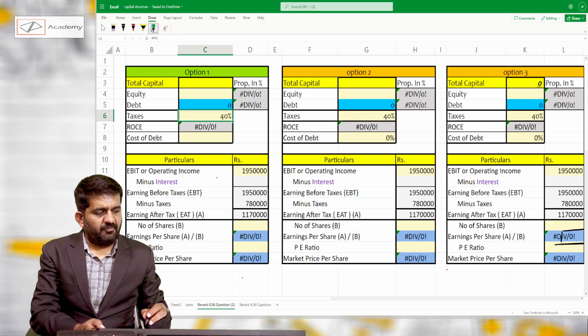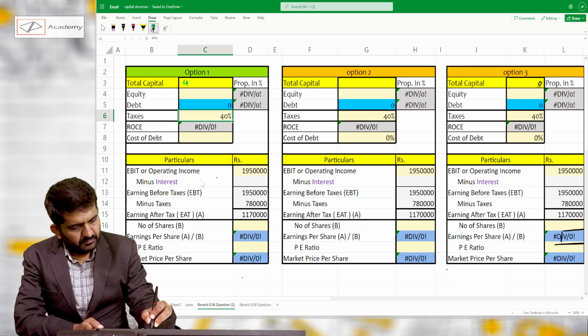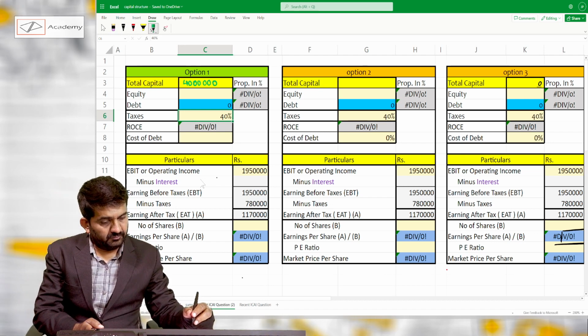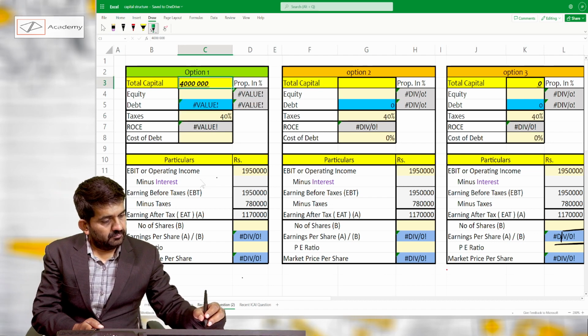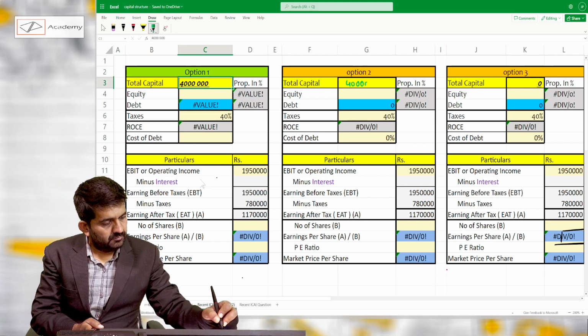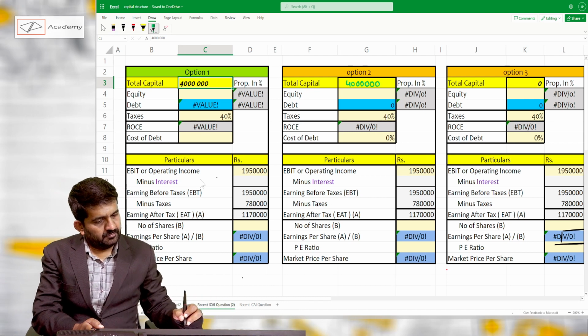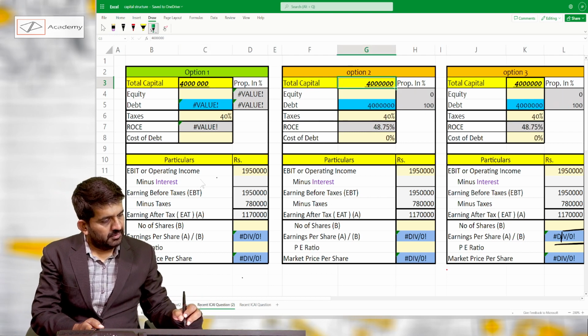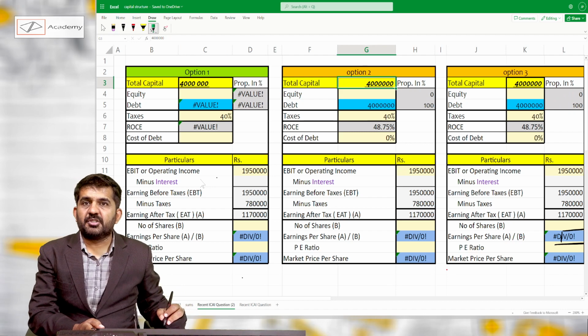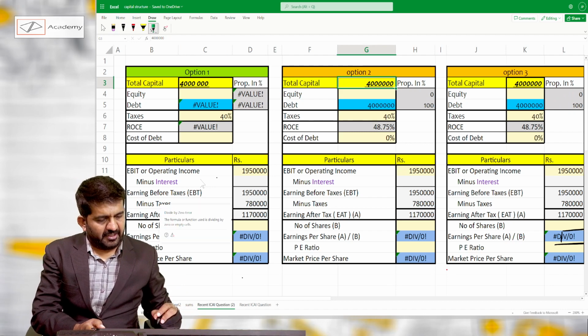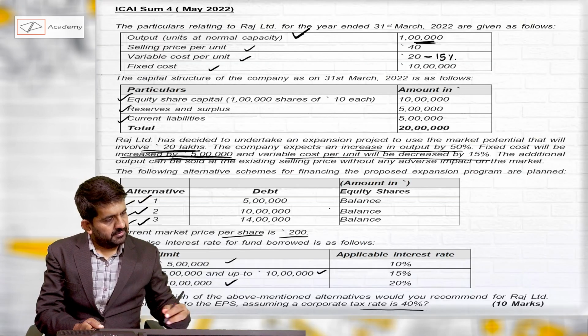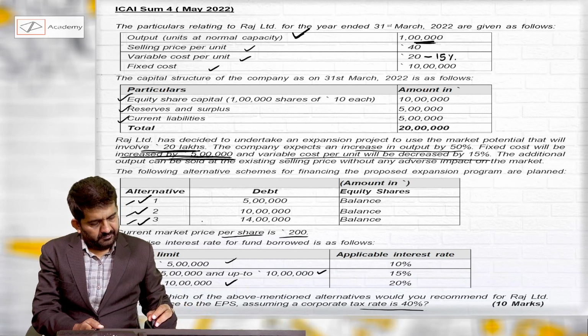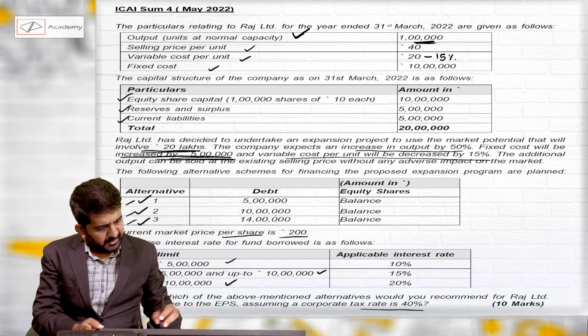So total will be 40 lakhs. In all three options, total capital employed is going to remain 40 lakhs. Alright, let us go to alternative 1, 2 and 3.